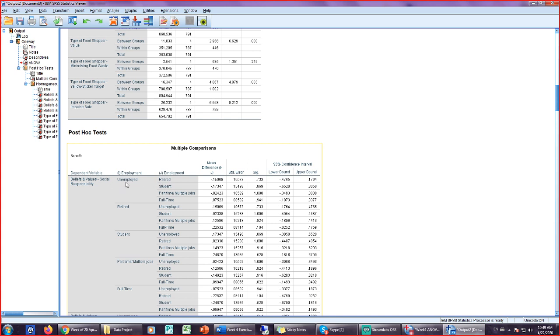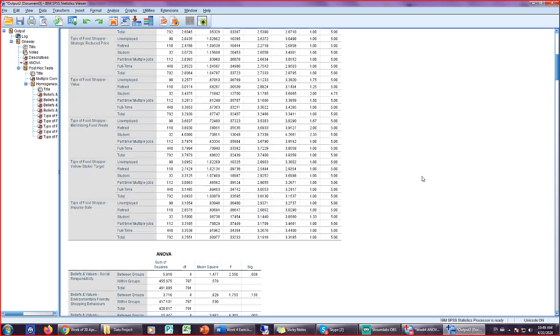So our first line, when comparing unemployed to retired, there's a difference, the mean difference, the next column, of a negative 0.15. This means that unemployed people had a lower rating because it's a negative number. Their mean was lower than retired.